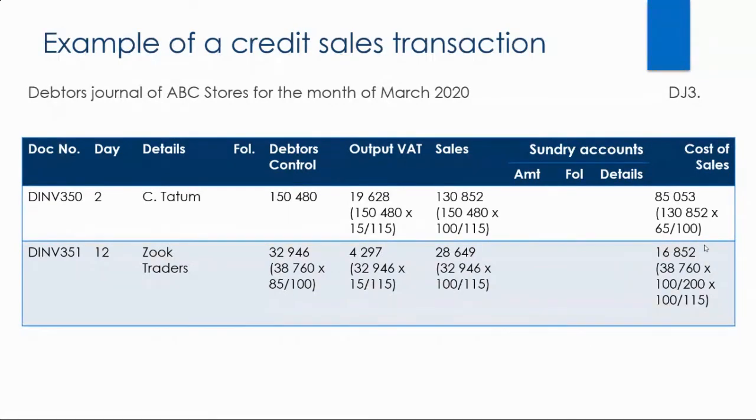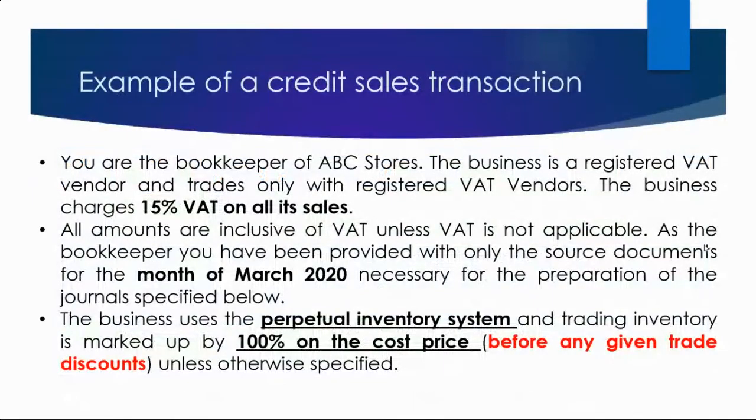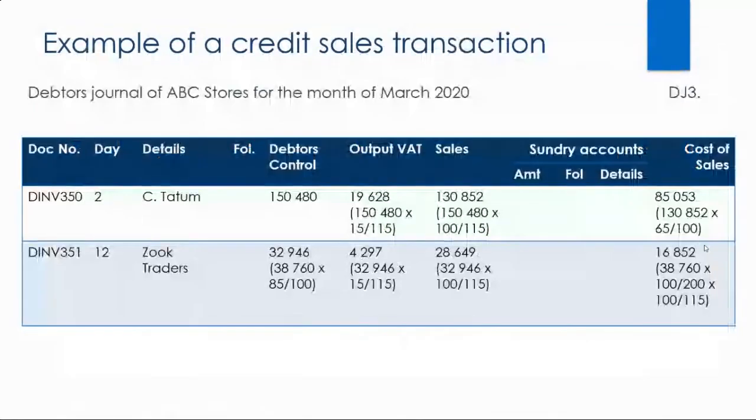Okay, so in this question, let me just go back to the original information. You see that last sentence where it says trading inventory is marked up 100% on cost price before any trade discounts. That is the information you had to see to get this calculation correctly. Okay, now our trade discount was 15,000. Now how we work out the cost of sales?